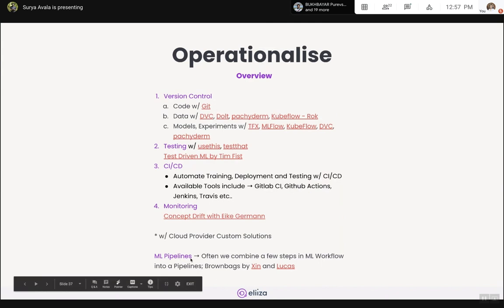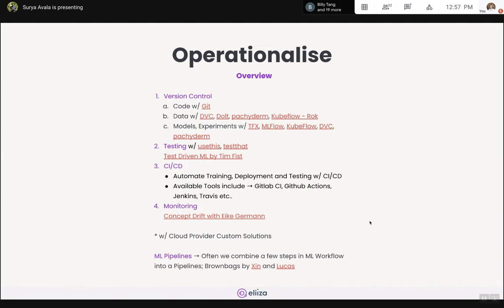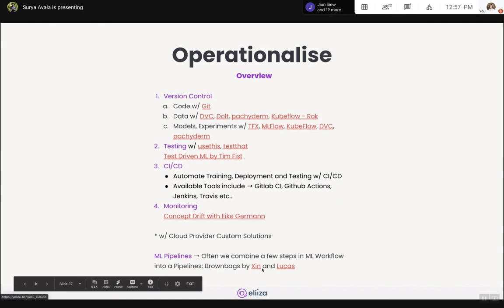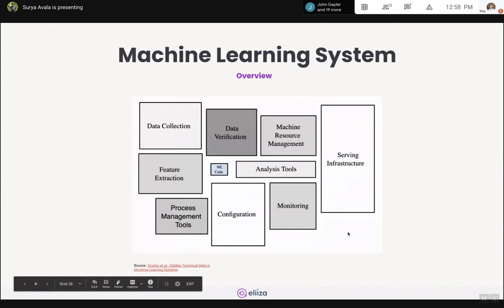And another thing is, often in ML we tend to combine a few of these steps together in most ML workflows, and those things are called pipelines. I recommend you check out Shin's and Lucas's brown bag on ML pipelines as well.